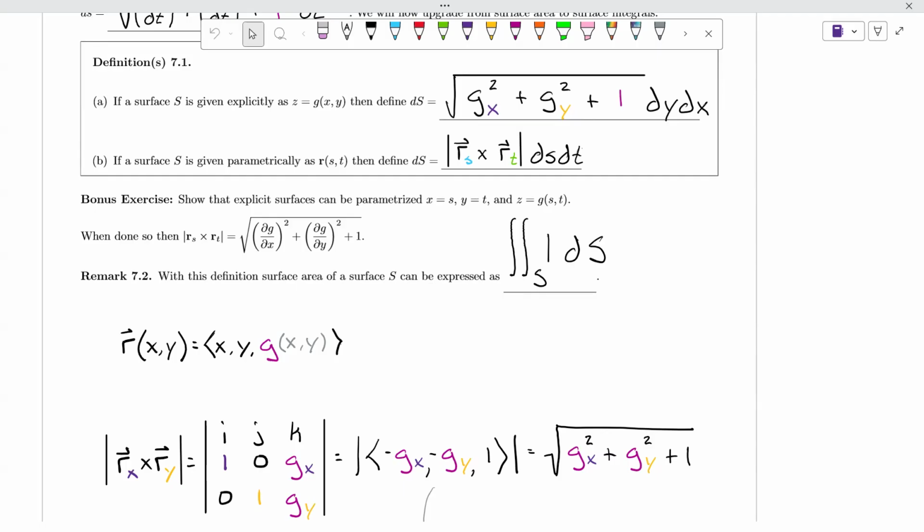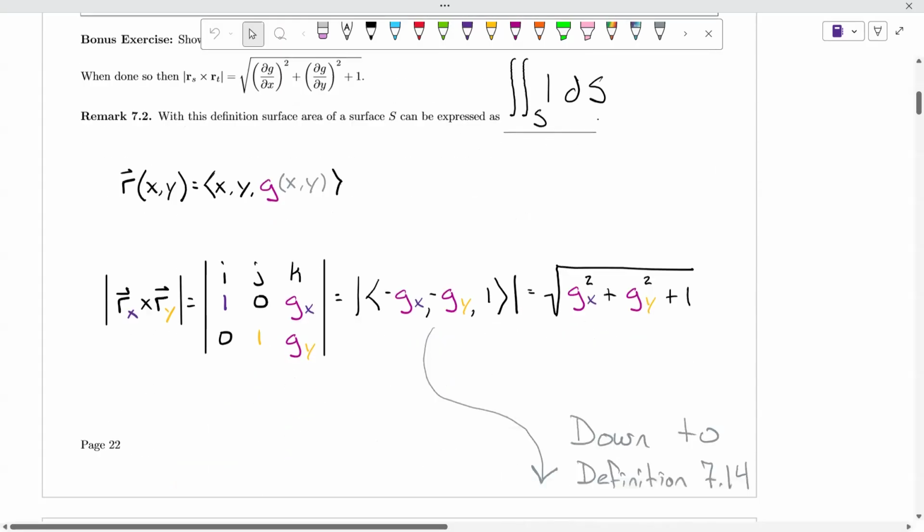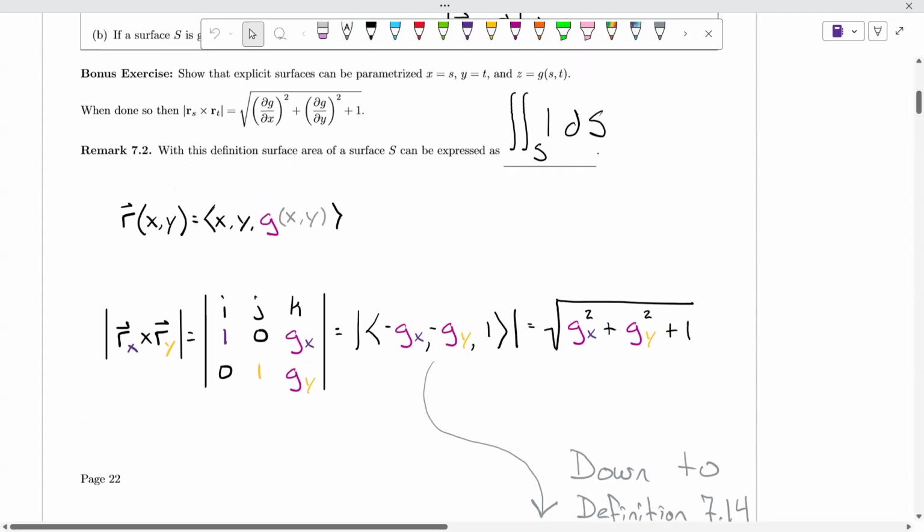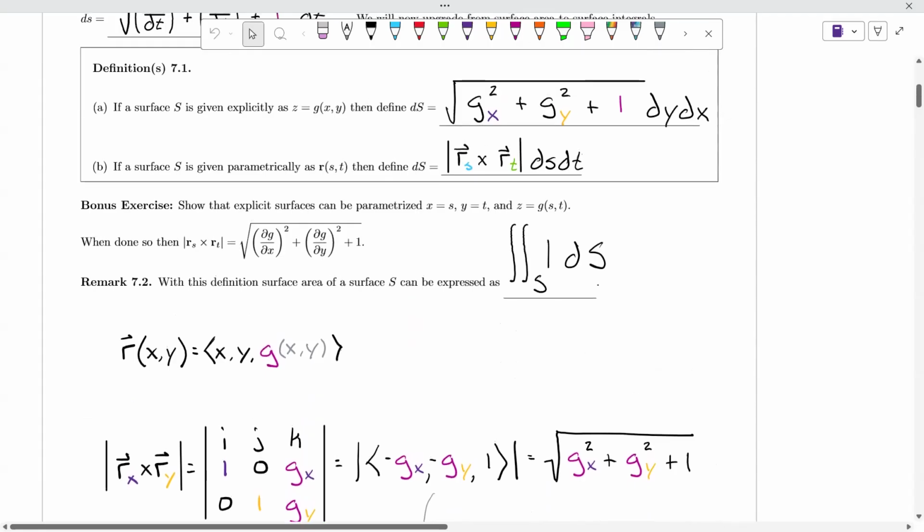And notice that when I leave it in its vector form, I get negative partial x, negative partial y, and then 1. And that vector is going to come back a little bit later on when we hit definition 7.14. So I made a note that that thing's going to come back. So we'll return to it when it's relevant. I'll save that for the latter half of the class, though.